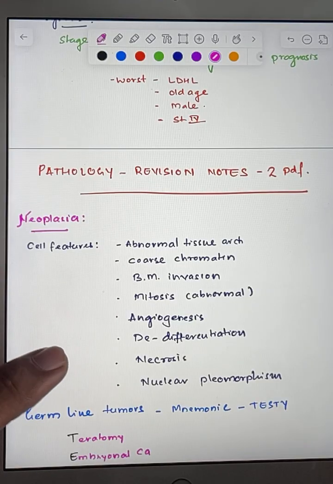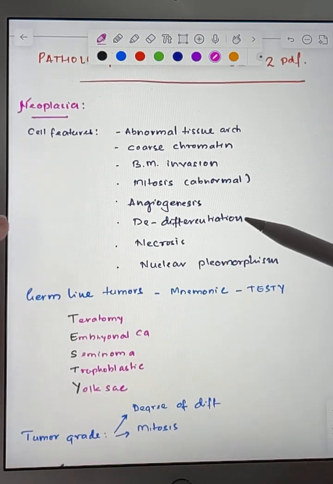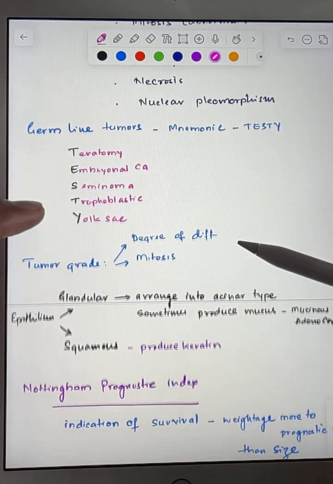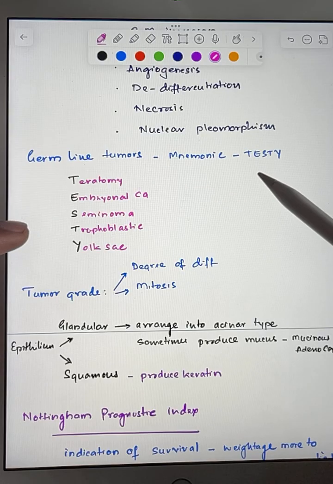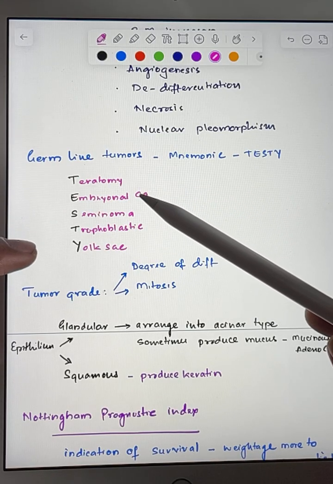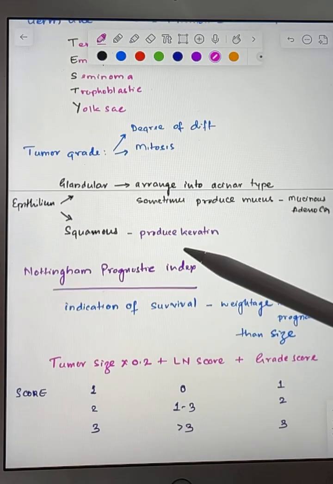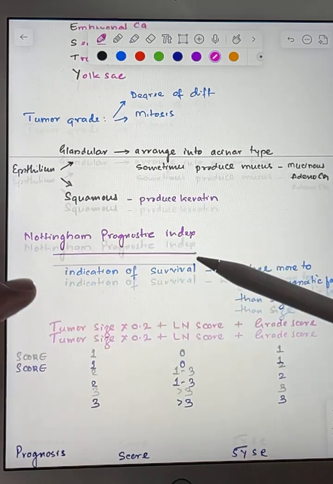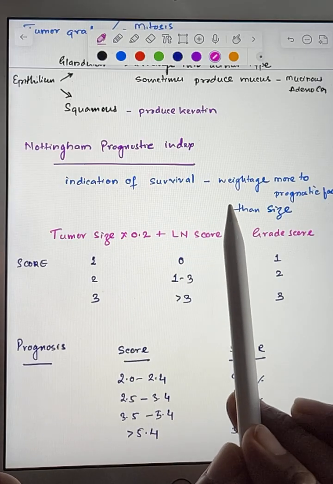Now these are some of the revision notes of pathology. Neoplasia we have already seen: abnormal tissue, angiogenesis, necrosis, germline tumors. The mnemonic is teratoma, embryonal cancer, germinal tumors, epithelial, glandular, squamous. Nottingham prognostic index is an indication of survival.